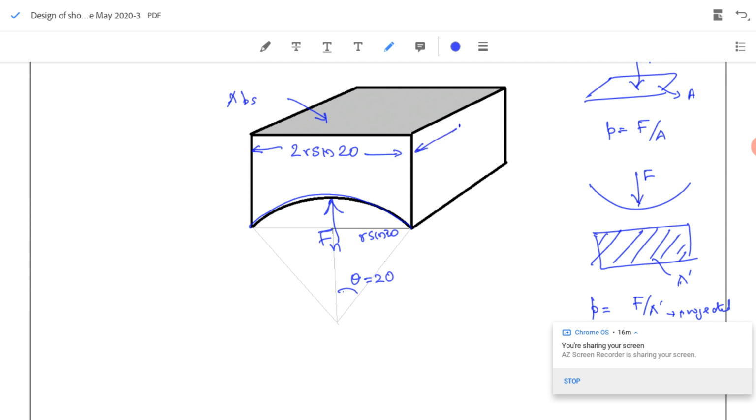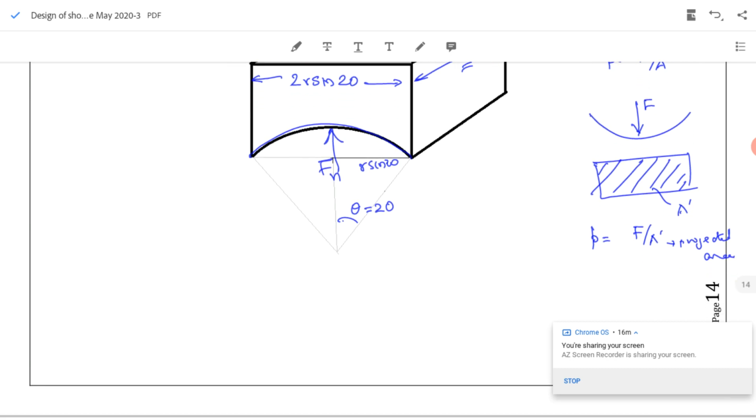This width is W, which is unknown, so I can substitute in the equation. ABS equals Fn by P. Fn equals 1061 Newton.